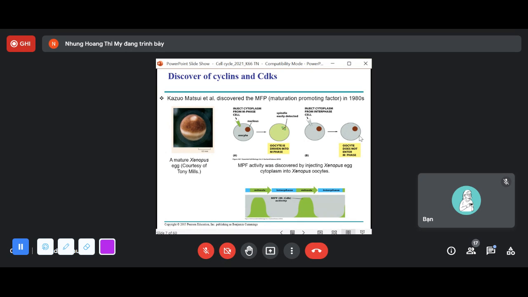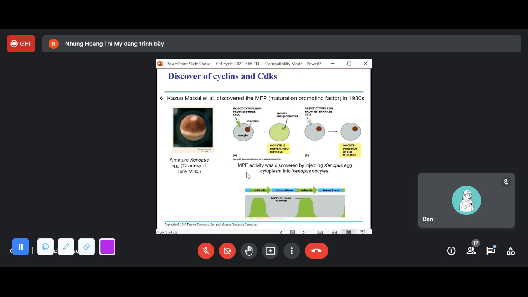So repeat again and again. They think that there must be some specific factor in the M phase cell cytoplasm that can control the cell to come into the M phase. After that, they try to detect this factor.